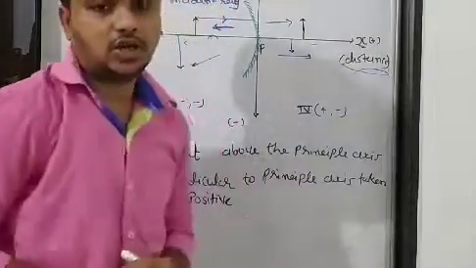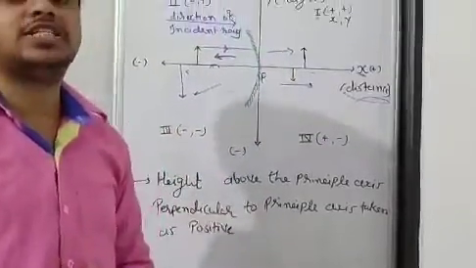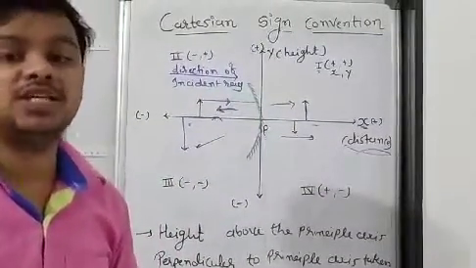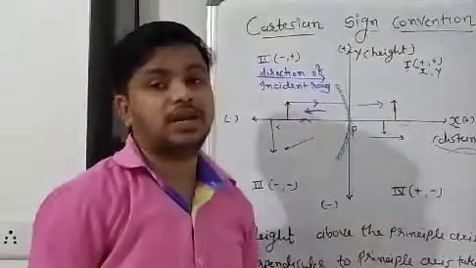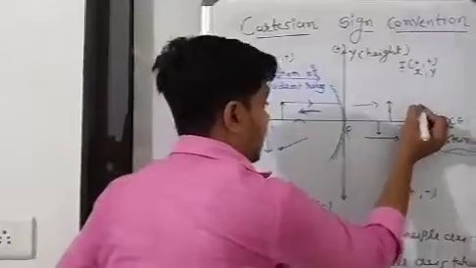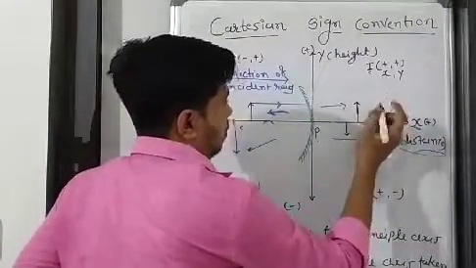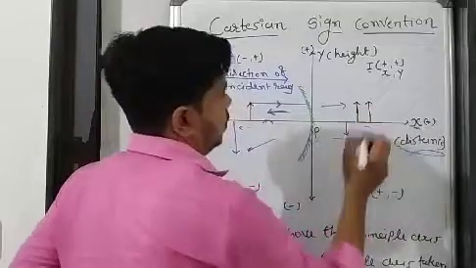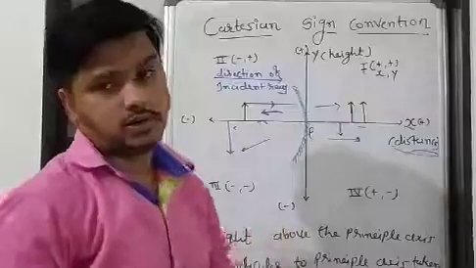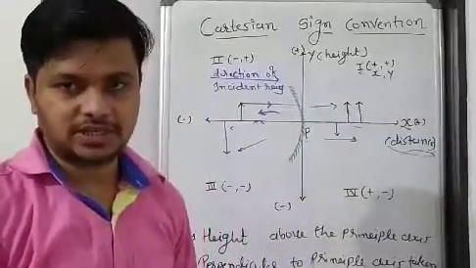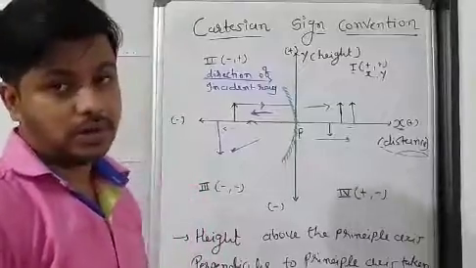All the heights which are above the principal axis should be taken as positive, but if you want to measure it, you have to measure exactly perpendicular to the principal axis. Objects can't be measured like that. You have to measure the object perpendicular to the principal axis, and if it is above, you take it as positive, right?